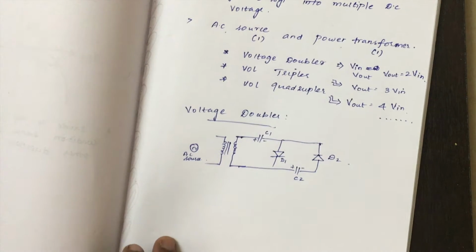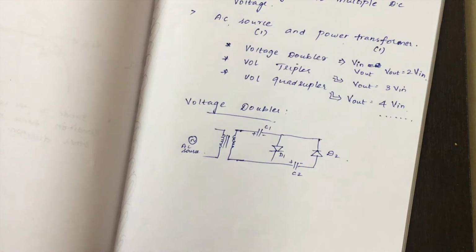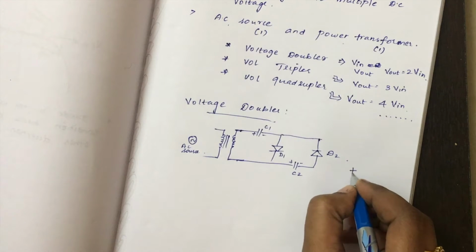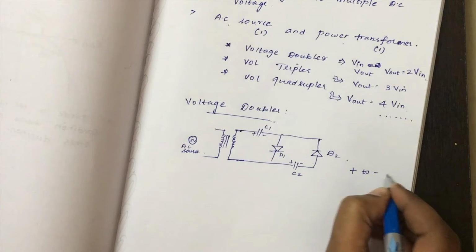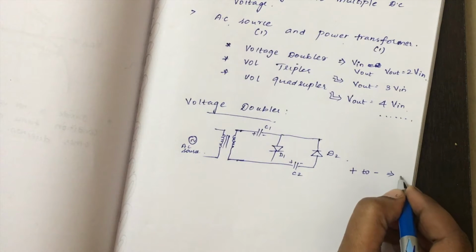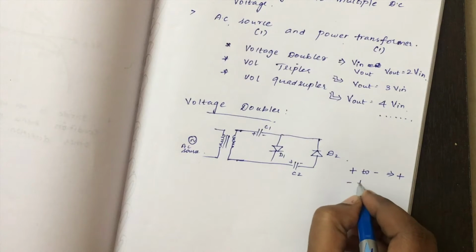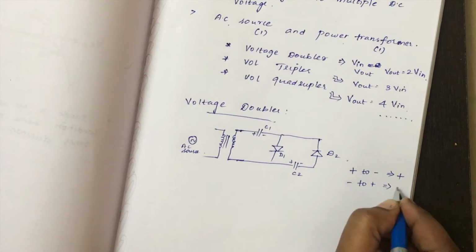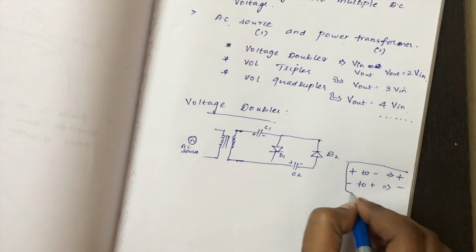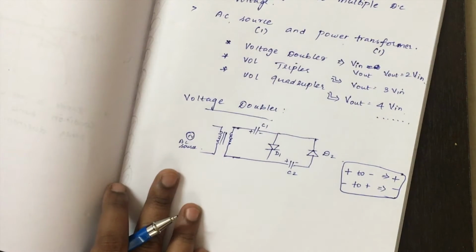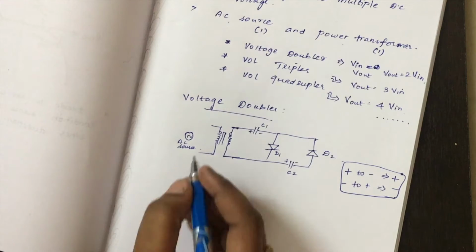Let me tell you one thing. If current flow is from plus to minus, let's assume it as plus. If current flow is from minus to plus, then that is minus. So first let's apply a positive signal.